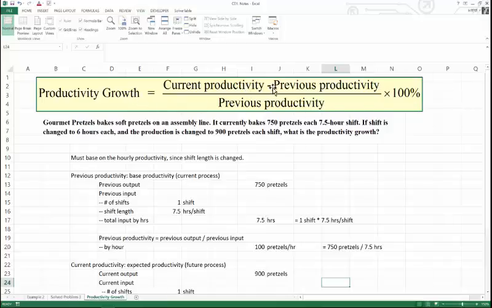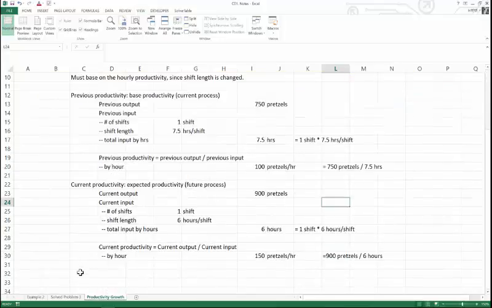So current minus previous, divided by previous. Here is what we will do.